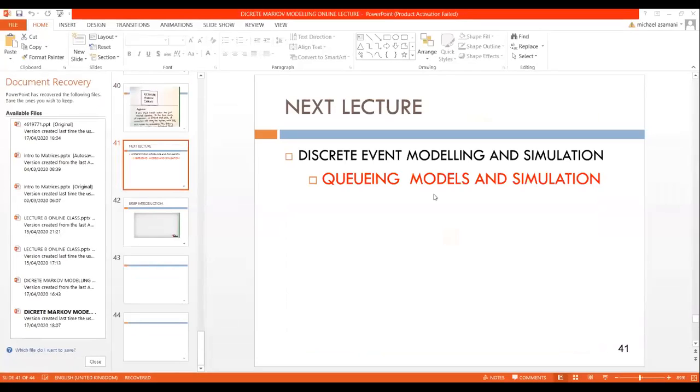In fact, we'll just have an overview of a queuing model and then see how to do that modeling. Okay, and if possible, also demonstrate it using MATLAB. So if possible, have your computers with MATLAB installed, like I told you, okay? So that in the next class, we can do some little demonstration, a little practical online, okay?